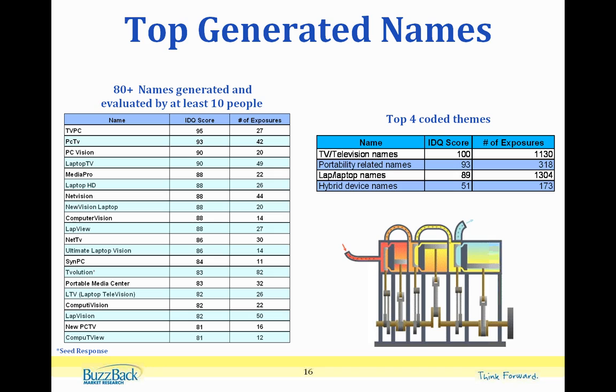And what's interesting then is to see how those themes develop their own scores. For a laptop product with an added TV function, it is TV and television names. Those are names that people had submitted which literally include either TV or television in them, and that was the highest scoring of the themes. And laptop actually was the 3rd top scoring of all the themes.